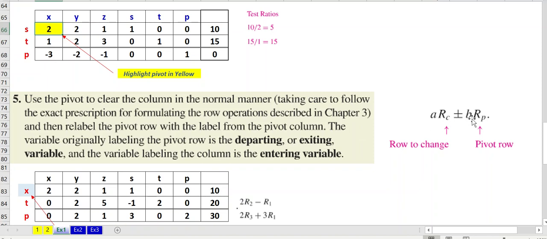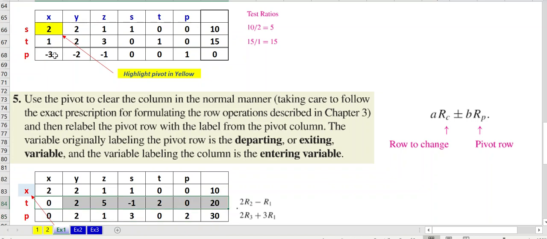So the row that we're changing, in this case, is row 2. We want to change the 1 into a 0. So we're going to take 2 times row 2. So if I take 2 times 1, I get 2, minus row 1, which is a 2. So 2 times 1 is 2, minus 2 is 0. And we get a 0 here. And then we apply that to the entire row.